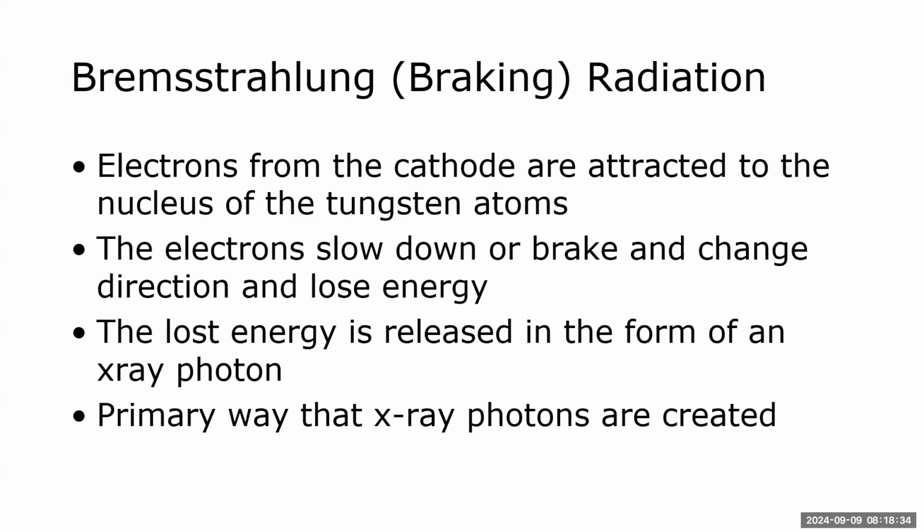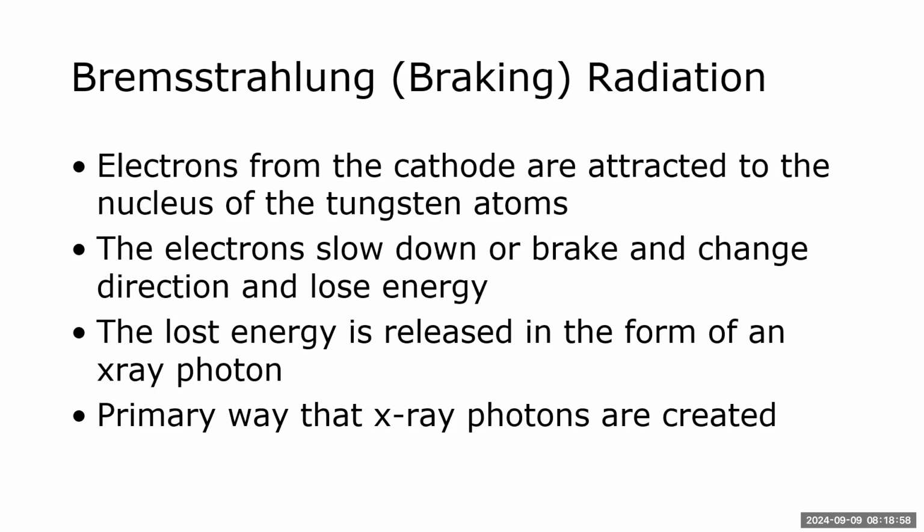So Bremsstrahlung, or braking radiation. Bremsstrahlung is a German word. The electrons from the cathode are attracted to the nucleus of the tungsten atom, the tungsten that the disk is made of. Those electrons slow down or brake and change direction and lose energy.